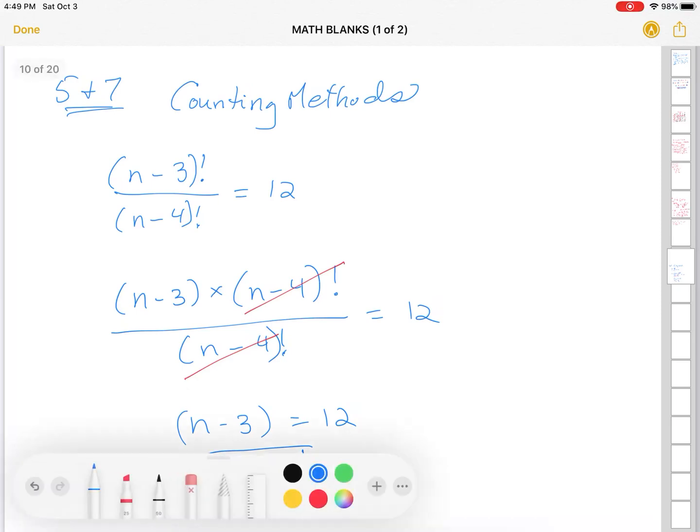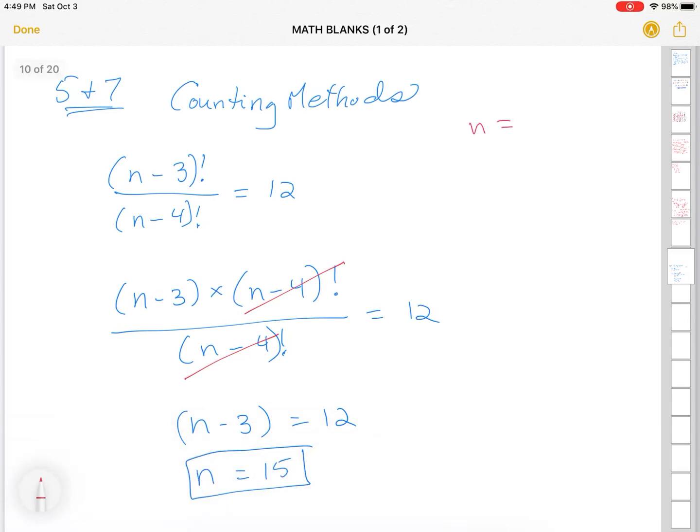Now I can check that if I go back up. If n equals 15, then this means I have 15 minus 3 factorial over 15 minus 4 factorial equals 12. So 15 minus 3 is 12 factorial, and 15 minus 4 is 11 factorial, which equals 12.